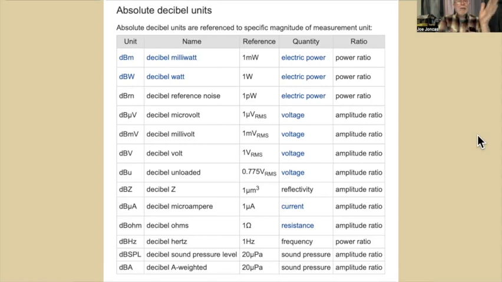So there's dBW, watts, and it just goes right on through the various kinds. About halfway down is dBV, which is volts, which is also on the signal generators, if you ever do that.